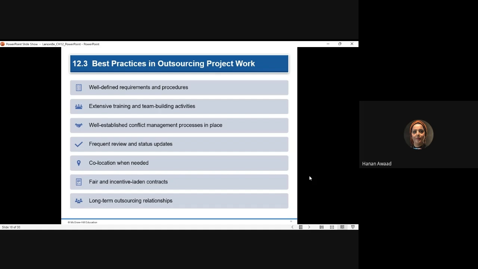Also, especially for services, you need to think of this as a partnership. So you need to have some practices to foster the relationship with the vendor, because you might use them again in future projects.